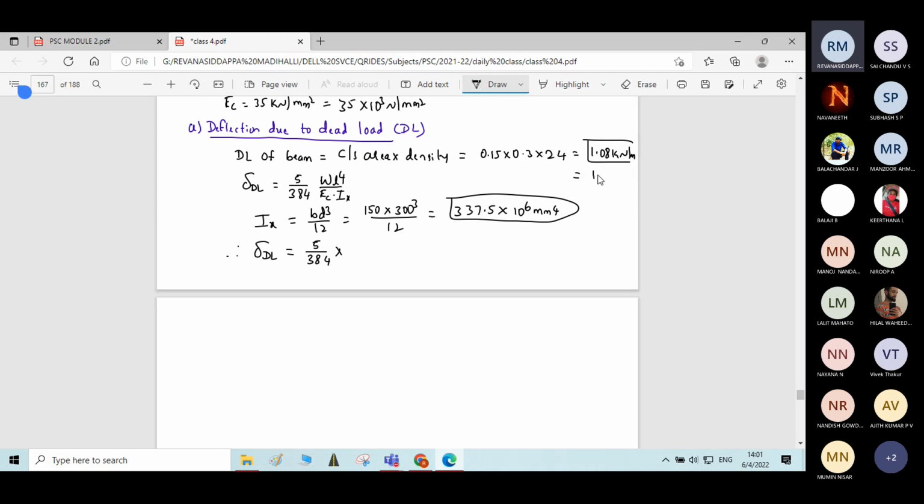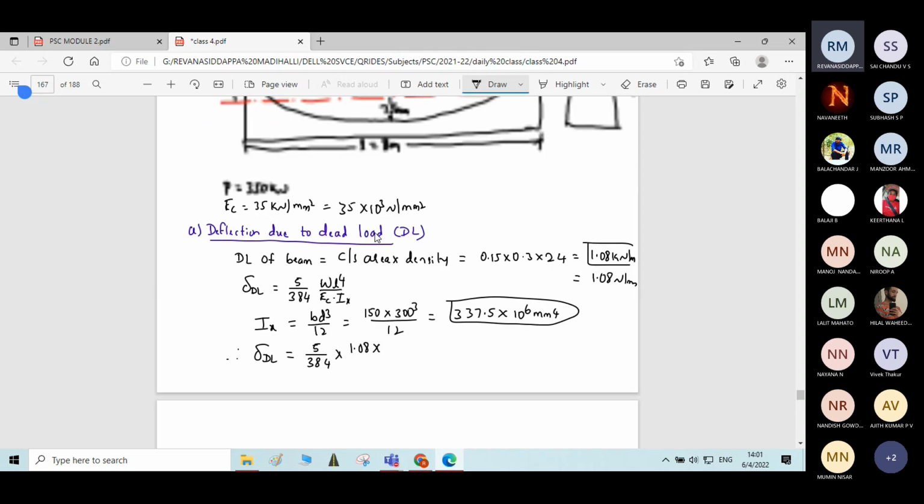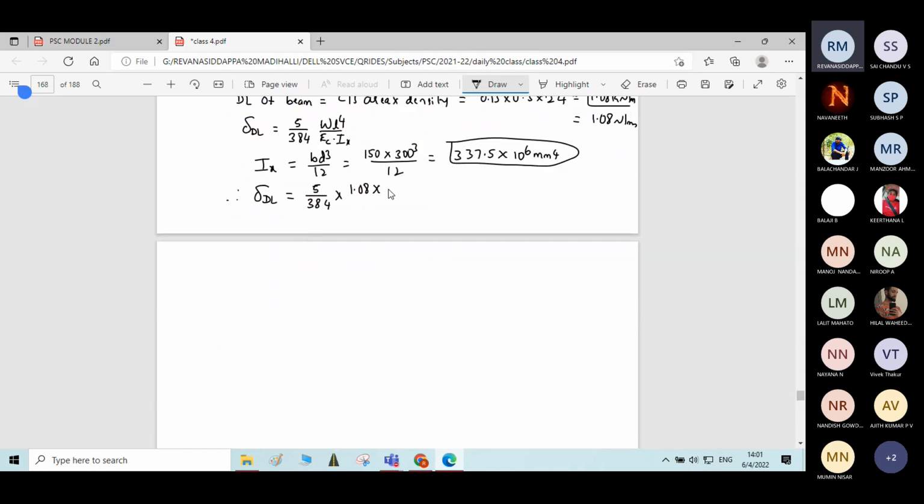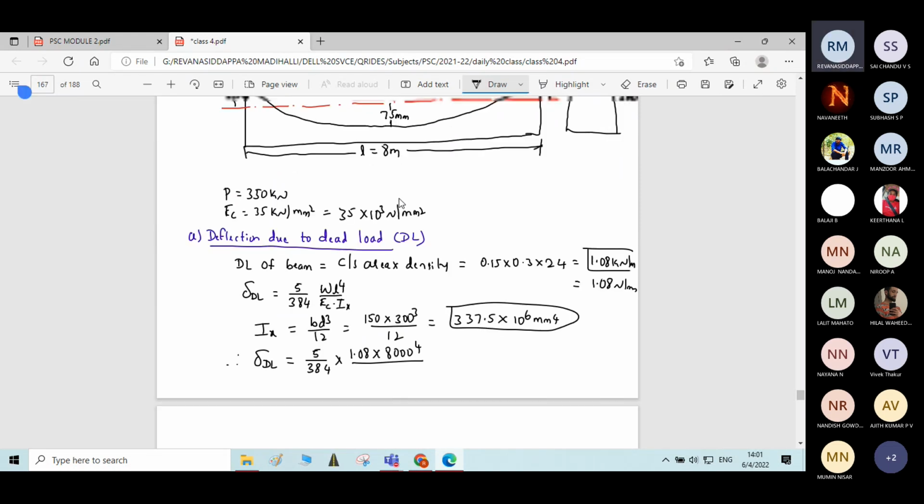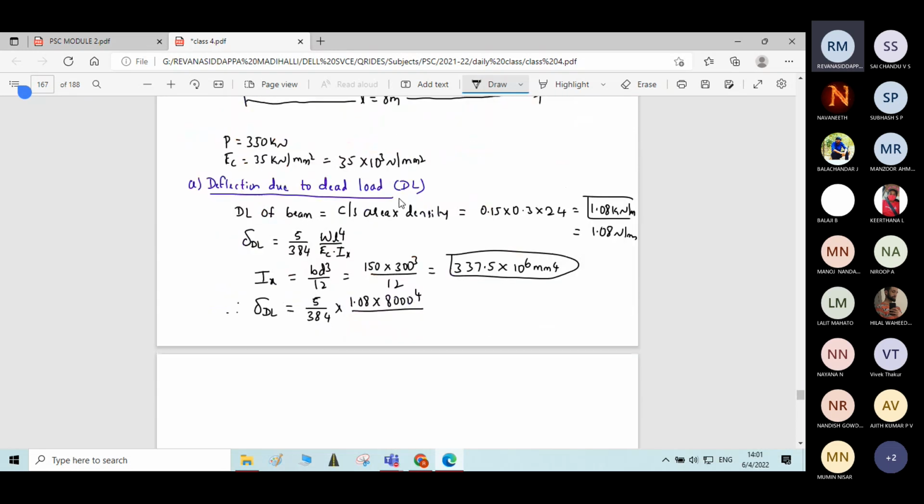In terms of Newton per millimeter, it is the same value. Therefore, delta D is equal to 5 by 384 into 1.08 into length of the beam 8 meter, which is 8000 mm, 8000 raised to 4 divided by EC into IX. EC is 35 into 10 power 3.